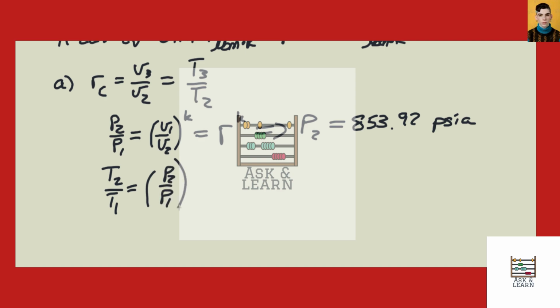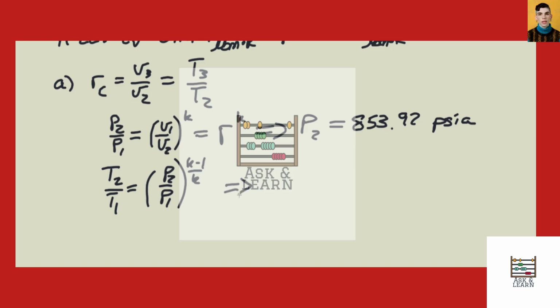And if we solve that for P2, we get 853.92 psi absolute. And then we use another isentropic relation here. T2 over T1 is equal to P2 over P1, all to the power of (k minus 1) over k.